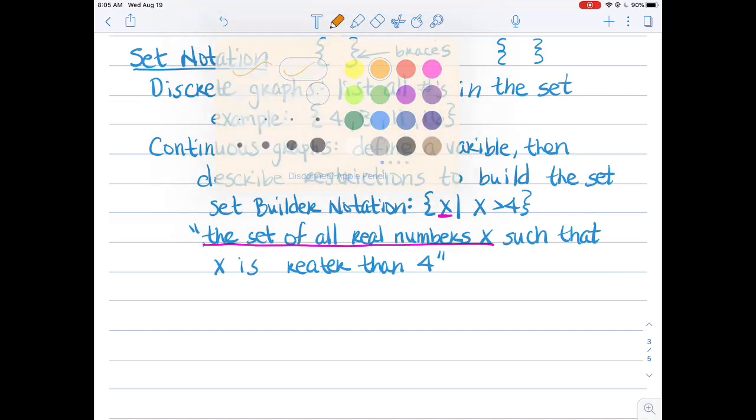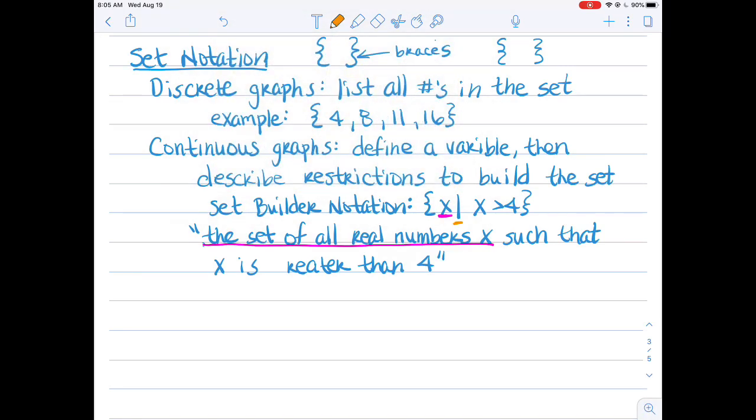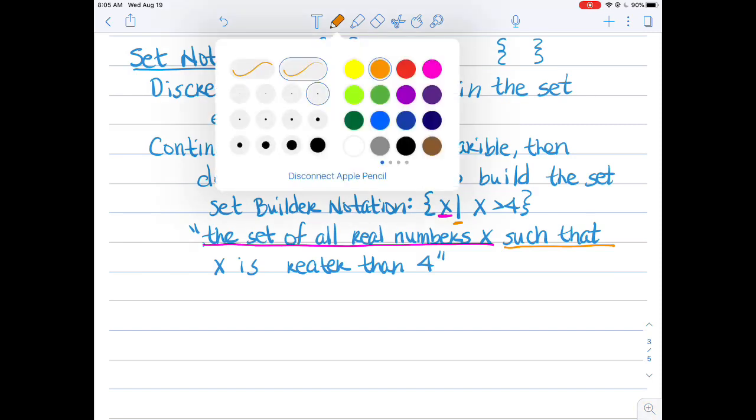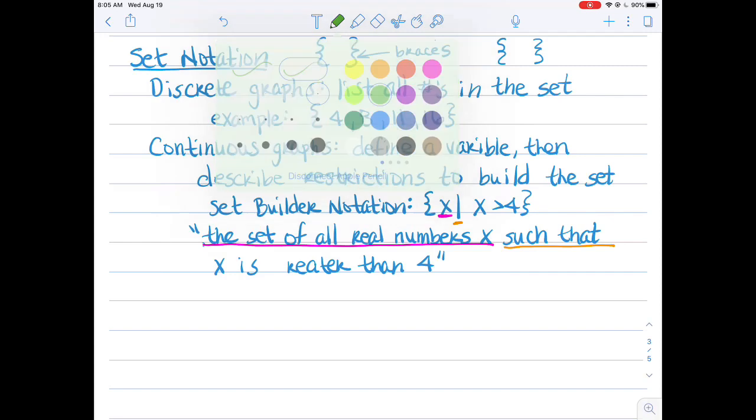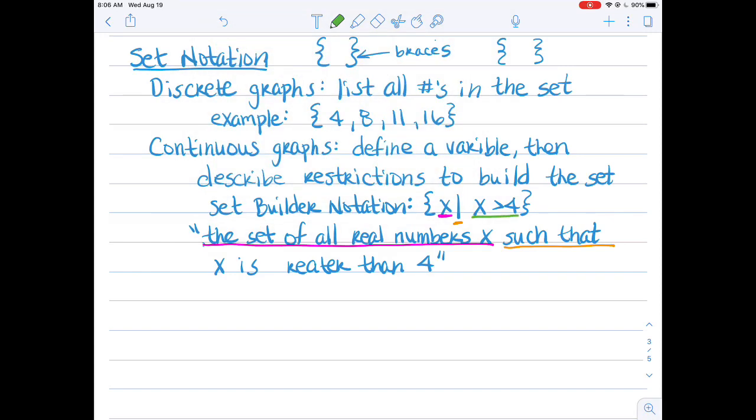The next thing is this little line, and this line is the same as saying or writing "such that." And then finally, we have our inequality notation: x is greater than 4. So this symbolism right here means all of those words, so it's definitely a good shorthand method.